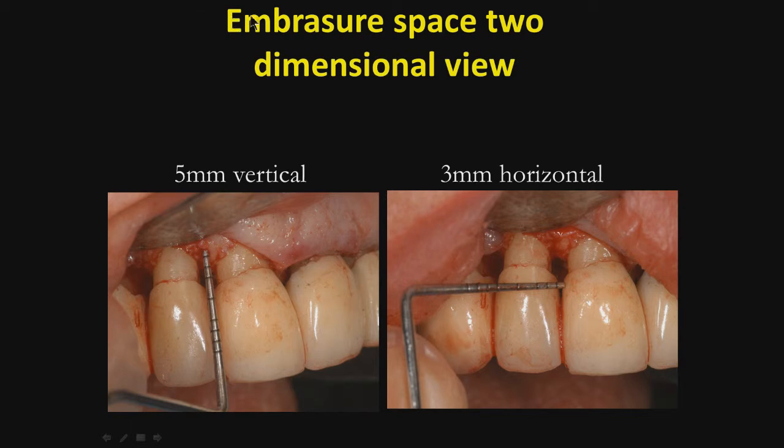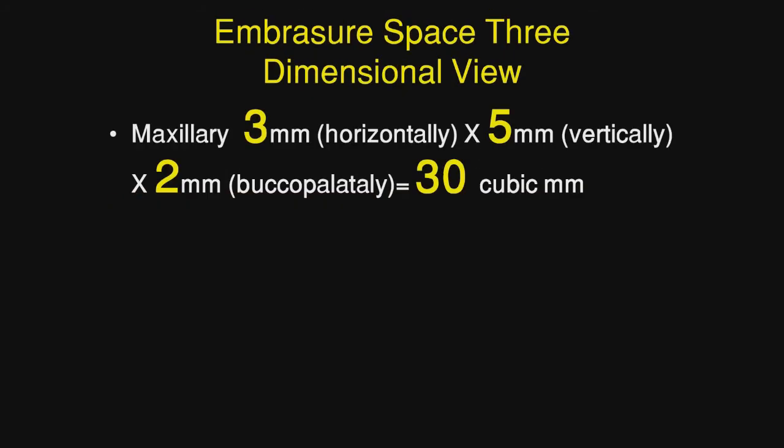And here we see the embrasure space in 2 dimensions. If we come down vertically 5 millimeters, you can see where these oversized crowns are partially obliterating the embrasure space, both vertically and horizontally. Therefore, the normal 2-dimensional embrasure space between maxillary central incisors is 5 millimeters by 3 millimeters.